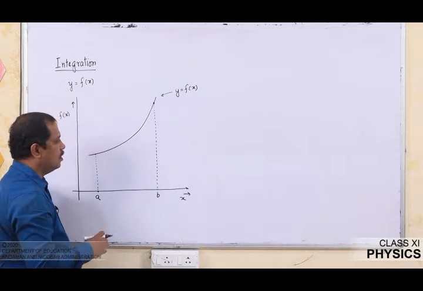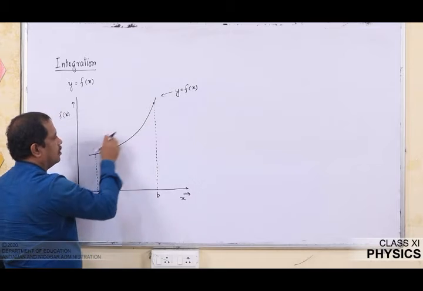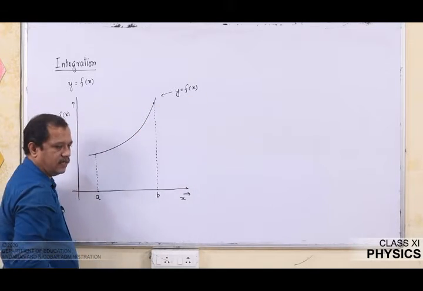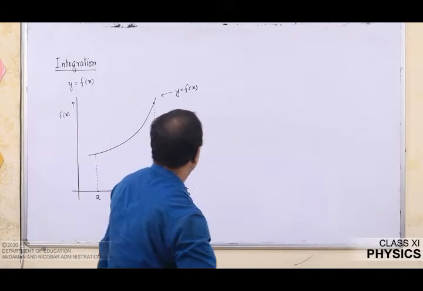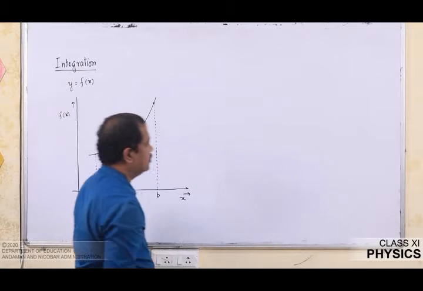Now, what I want is to calculate the total area under this curve, or say the total area bounded by the function y is equal to f of x. Now, how to do it? Let us try to attempt first.